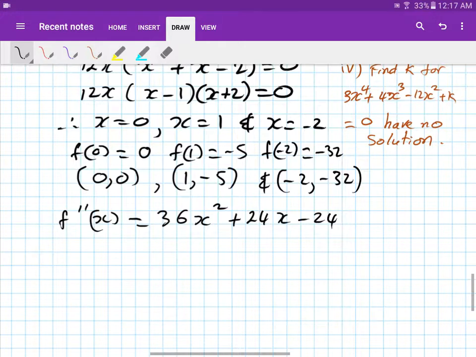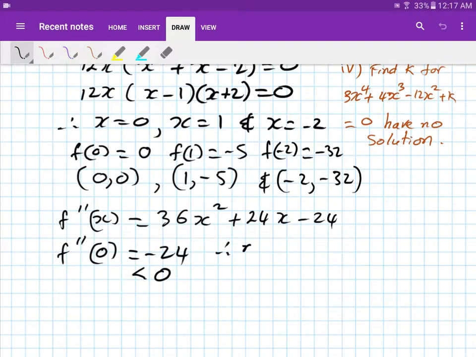Now I'm going to test it. f''(0), substitute in, gives minus 24, so less than 0, therefore maximum. Turning point at (0, 0).